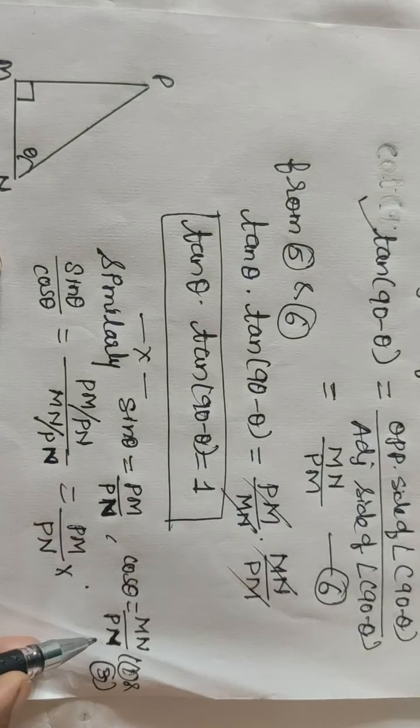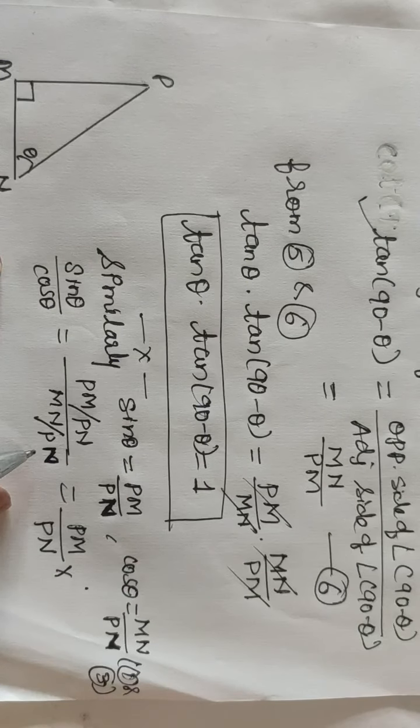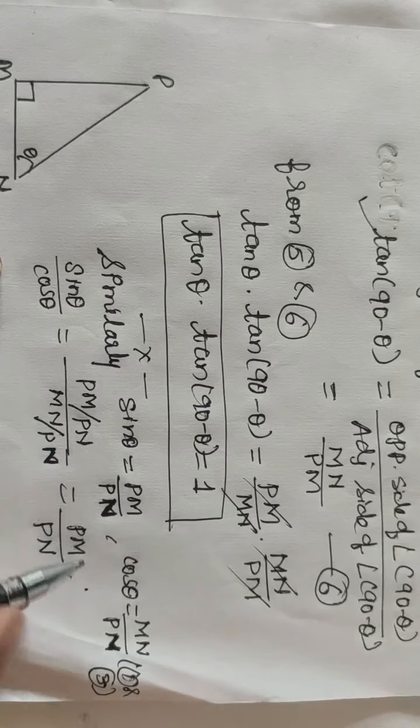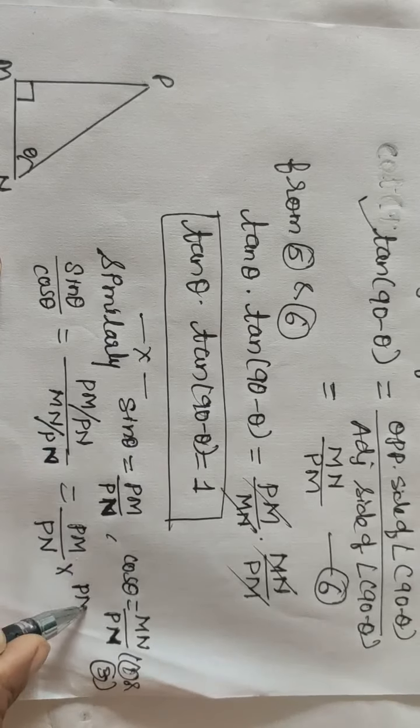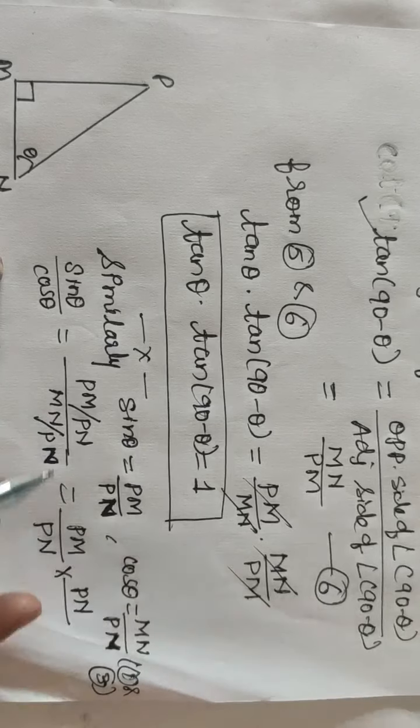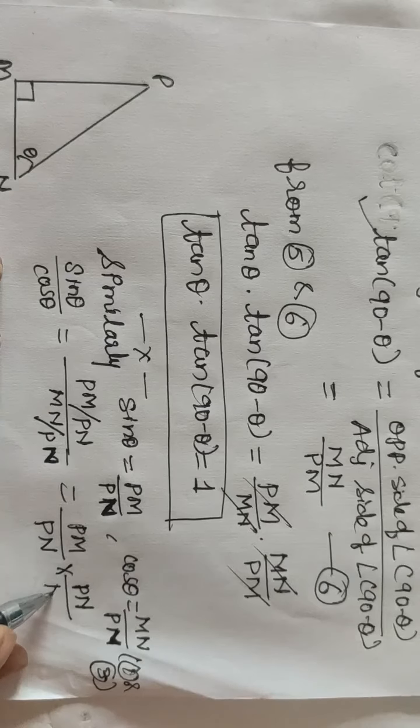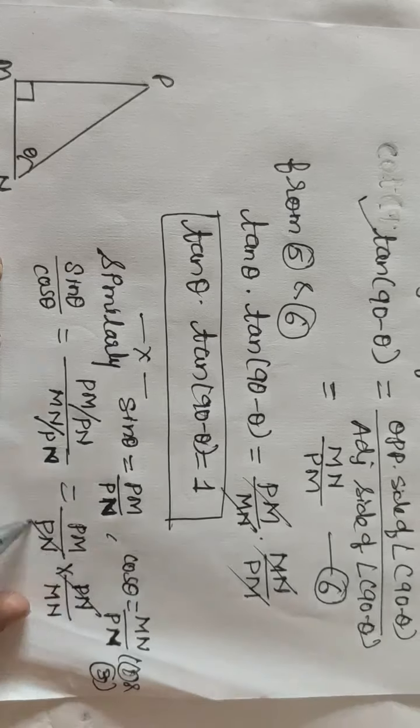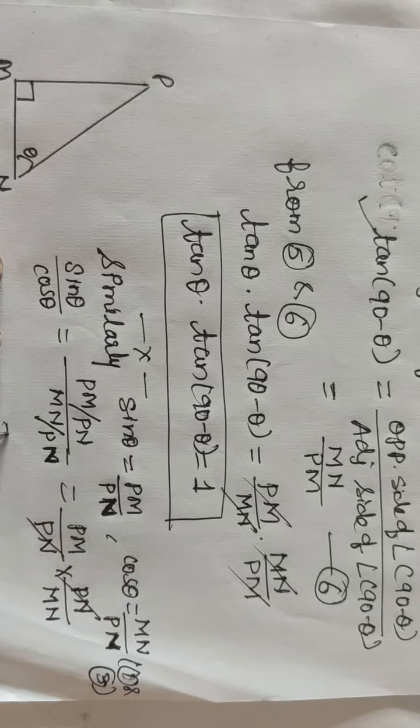This is PN, and here is also PN. So PM by PN into the reciprocal of this will be PN by MN. Now PN gets cancelled and what is left? PM by MN.